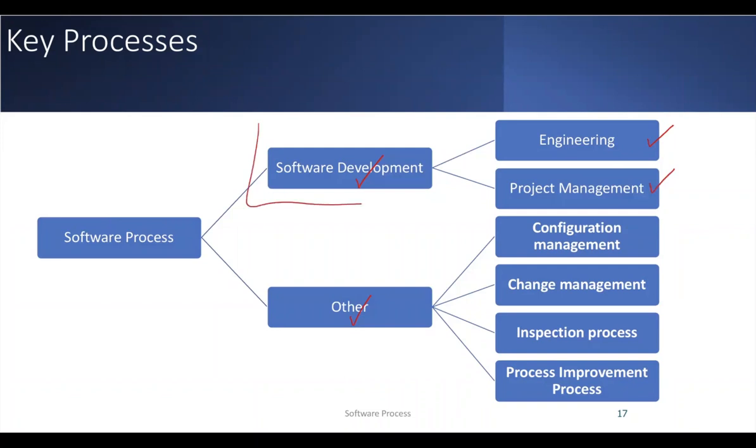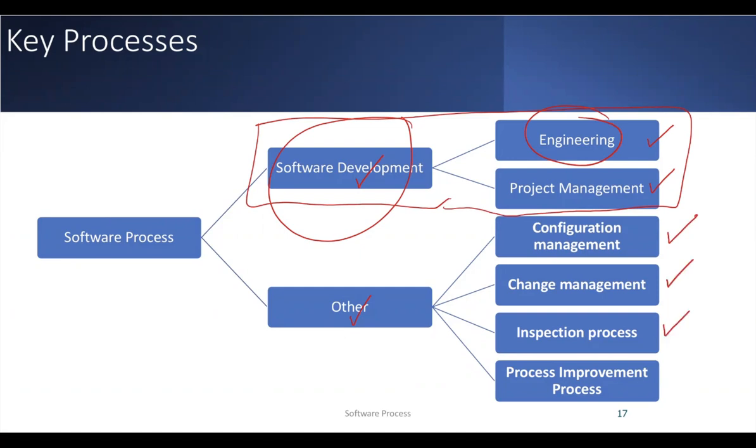In our course, we are focusing on the software development process. We are focusing on the software engineering component. Underneath it, we are focusing on requirement analysis and specification. Other processes that we see in a software process include configuration management, change management, inspection processes, and process improvement.